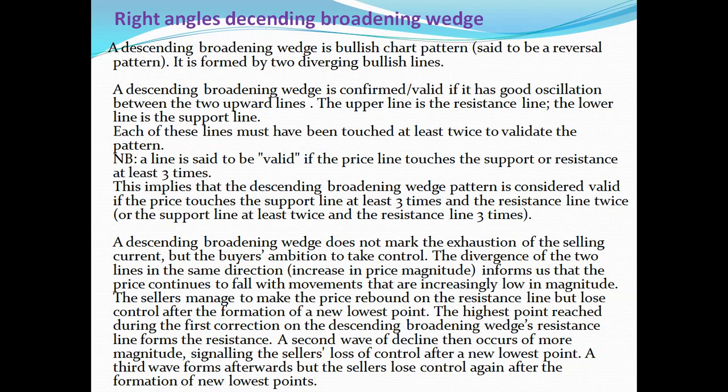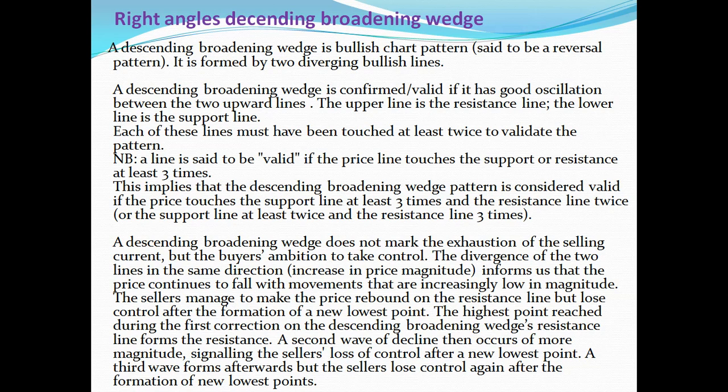two diverging bullish lines. A descending broadening wedge is confirmed valid if it has good oscillations between the two upward lines. The upper line is resistance, the lower line is support. Each of these lines must have touched at least twice to validate the pattern.